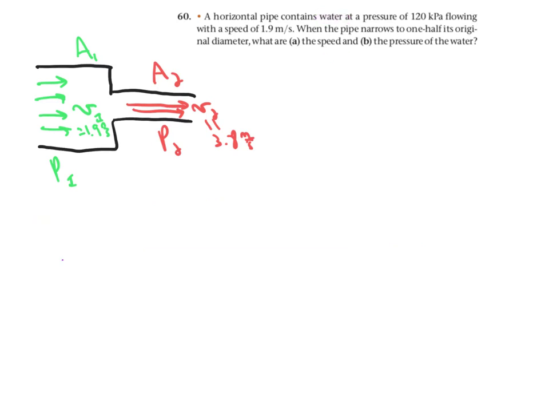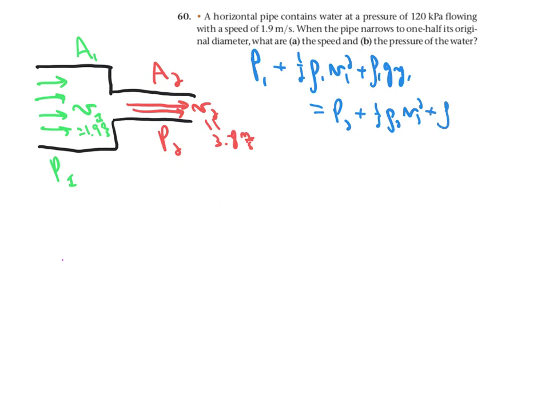Having used the equation of continuity to get the velocity, we're now going to use Bernoulli's equation to get the pressure. So we're going to know that the pressure plus 1/2 rho1 v1 squared plus rho1 g y1 equals the pressure in the second case plus 1/2 rho2 v2 squared plus rho2 g y2.